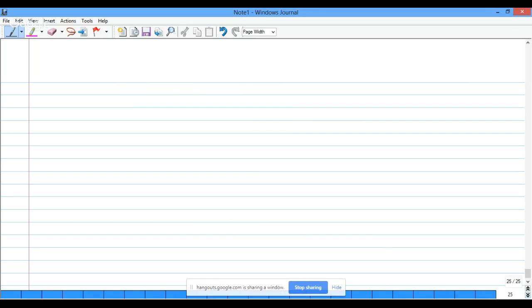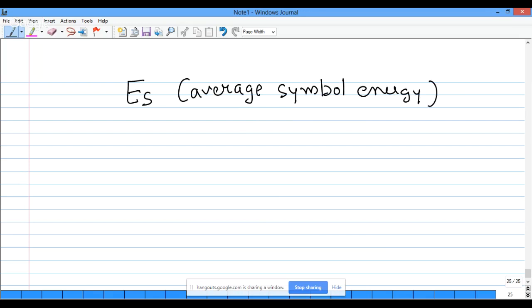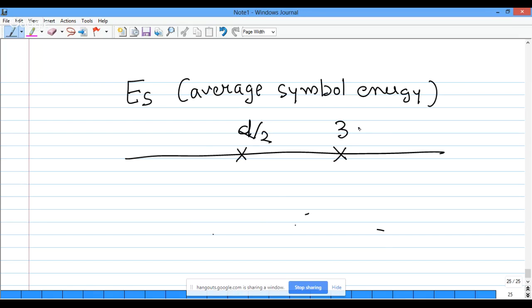So now we have two more questions which are related. The question is how to find out the average symbol energy if the symbols are not equiprobable. So let me consider a simple constellation where I have two signals, let's say one at d by 2 and the other one at 3d by 2.